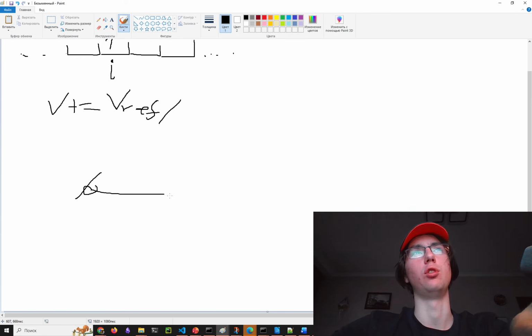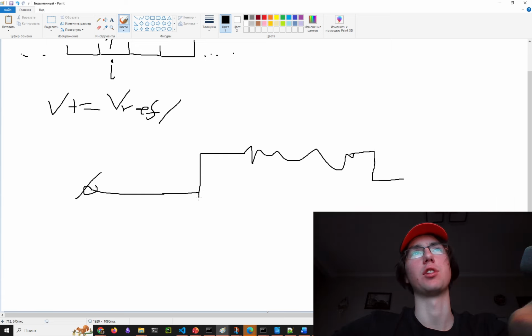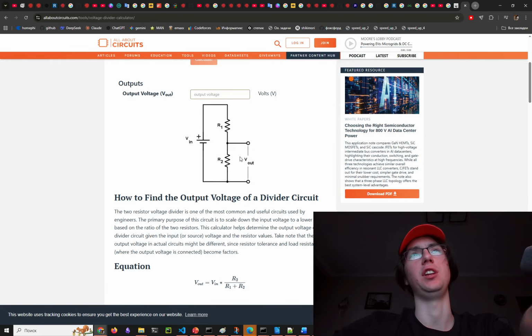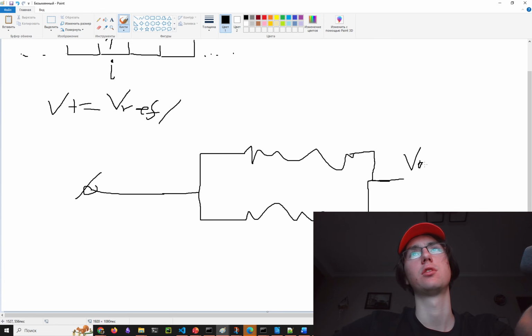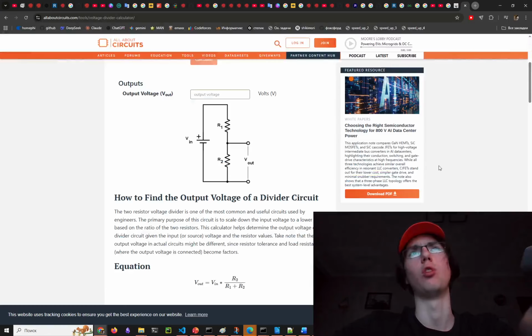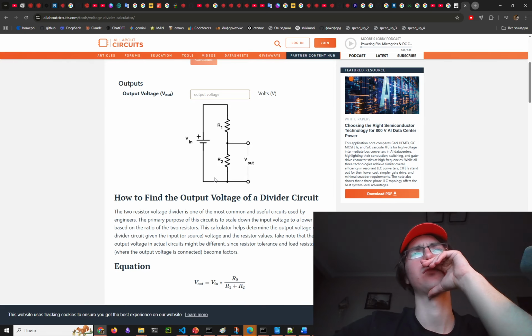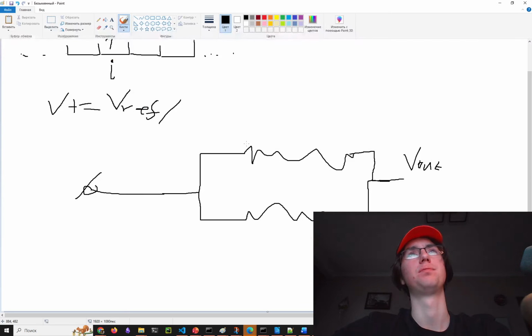well, if we do so, then here's the resistor 1, here's the resistor 2, right? And basically we take V out voltage either from here, V out, yep, or we take it from the beginning. Okay, if we take it from here, this is R1, this is R2.